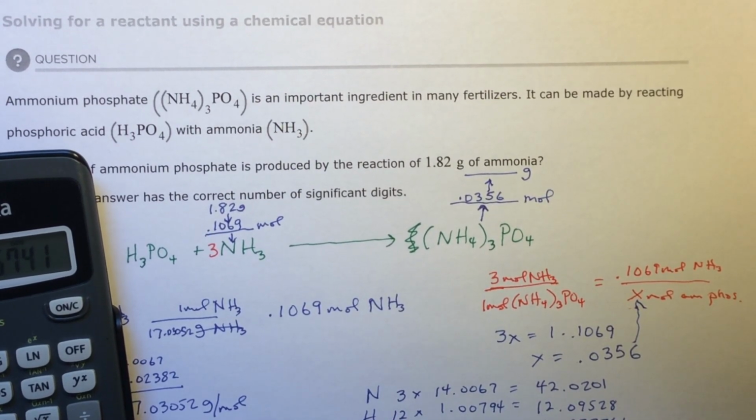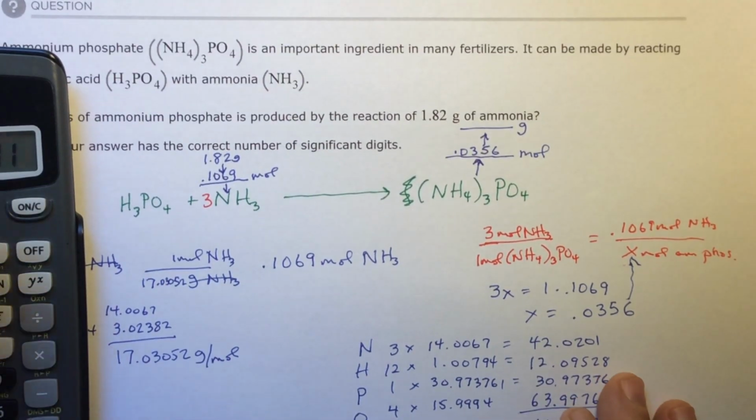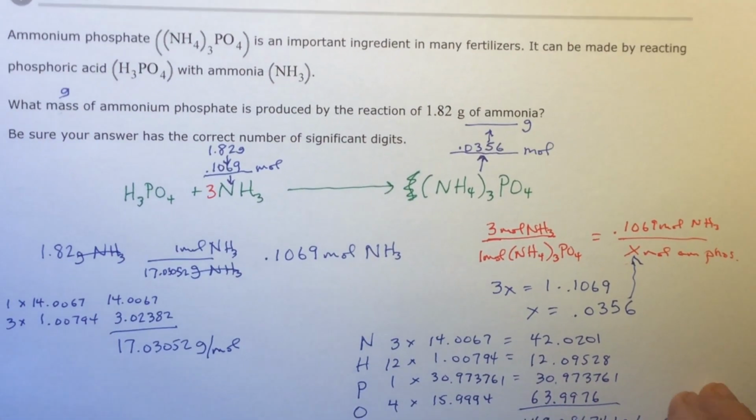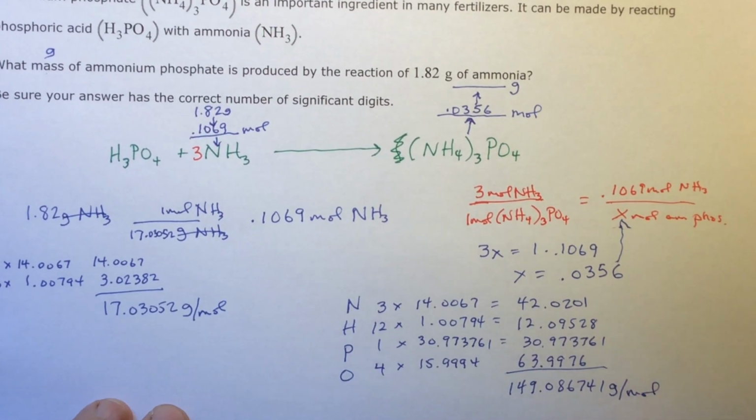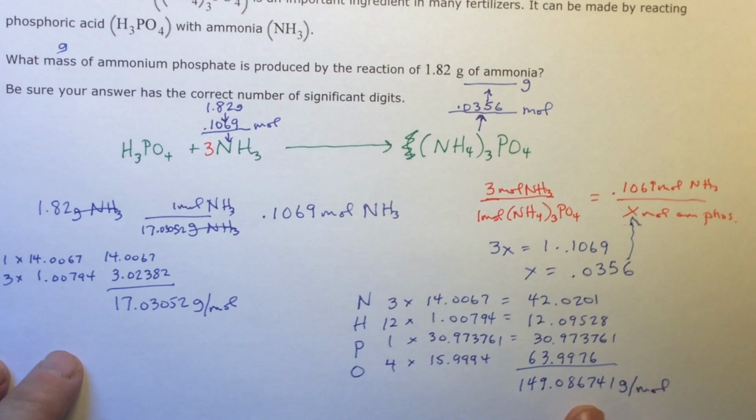Okay. Now I need to change moles into grams. Moles into grams. Maybe you should get this to where you can actually see it. Okay. So this is 149.08674. So I need to change moles into grams.